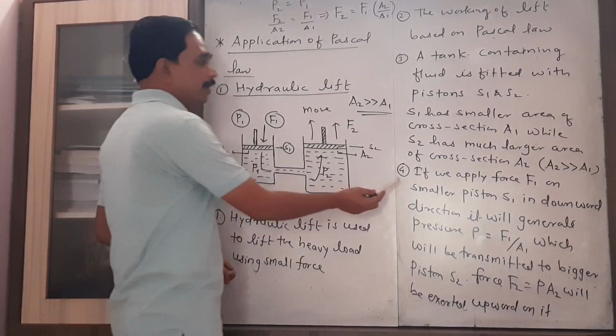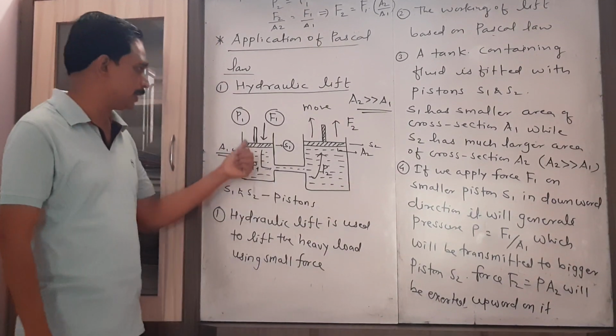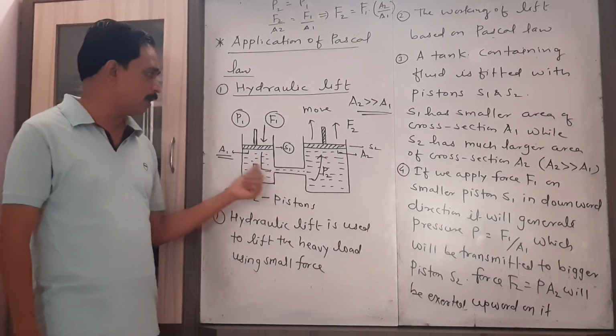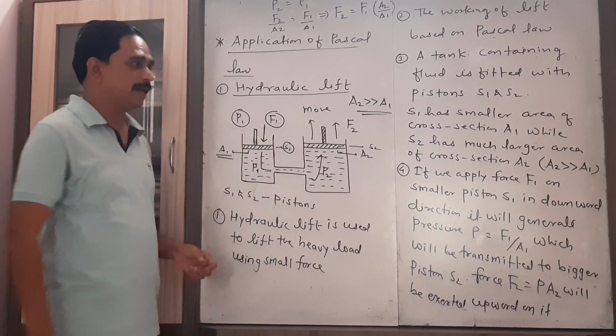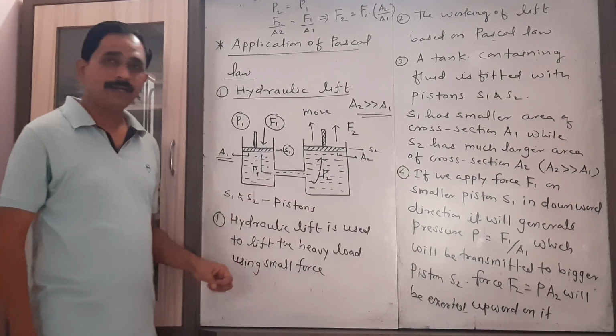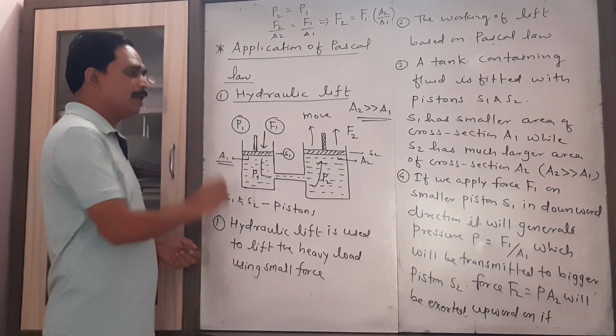Now whatever I write here: if we apply the force F1 on the smaller piston S1, in which direction? In the downward direction. Then what happens? A certain pressure will be generated here.